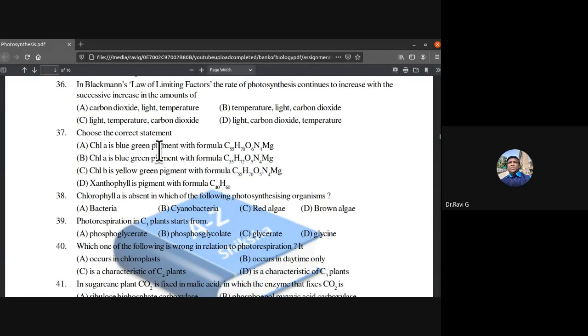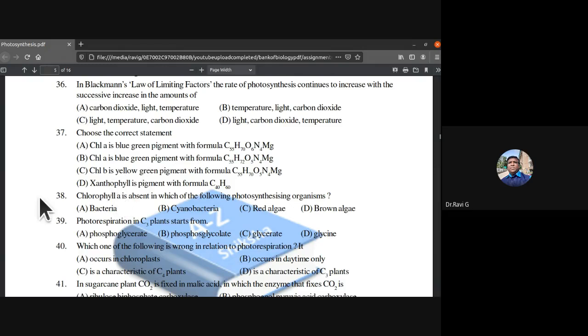Here you have to remember the formula of chlorophyll. Chlorophyll A is a blue-green pigment with formula, is it C55, H70, O6, N4, Mg? Okay, the next one is chlorophyll A is a blue-green pigment with formula C55, H72, O5, N4, Mg.